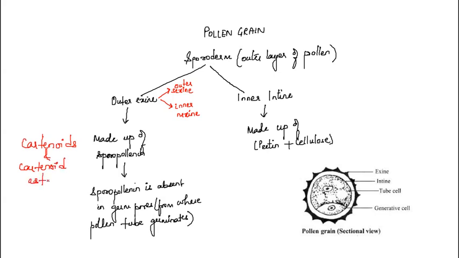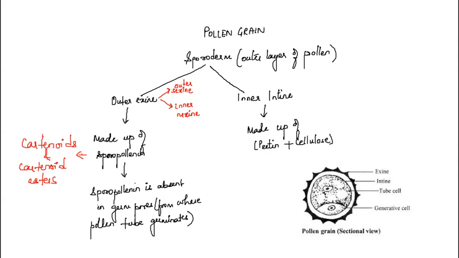This is the composition of sporopollenin, and it is resistant to various chemicals, to high temperature, and also to organic matter decaying agents. It is also found to be responsible for the preservation of pollen in fossil plant deposits. When there is a fossil plant deposit, it was found that it helps in the preservation of the pollens.